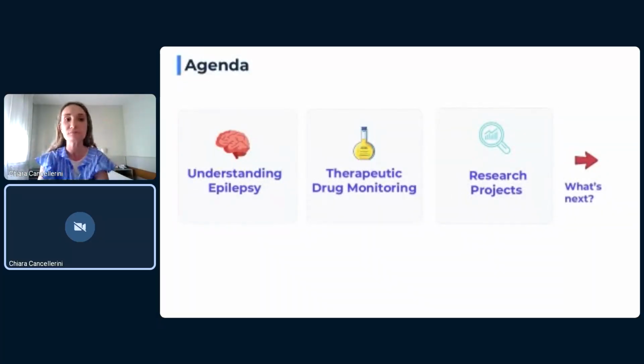First, I will cover some background in epilepsy, then the pharmacology of antiseizure medication, and then I will discuss the role of therapeutic drug monitoring, or TDM. Then I will move to our primary research project and the development of a population pharmacokinetics model. Finally, I will briefly conclude, presenting the next steps and future directions in research.